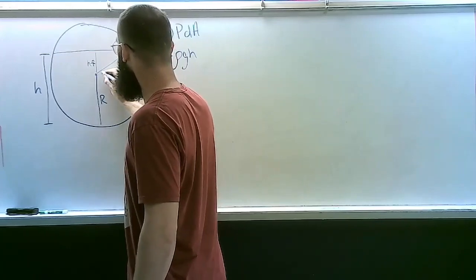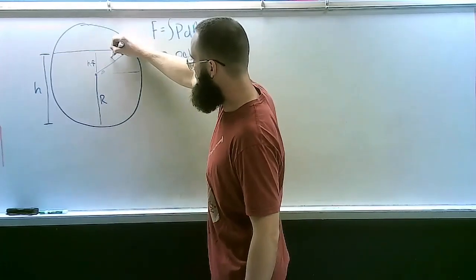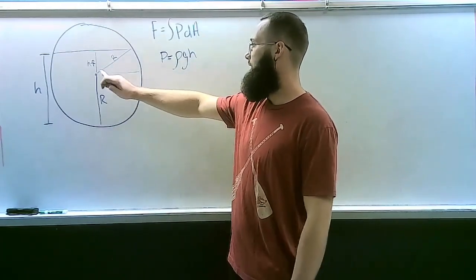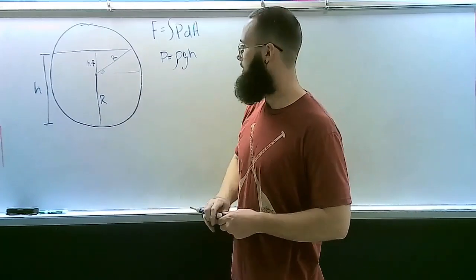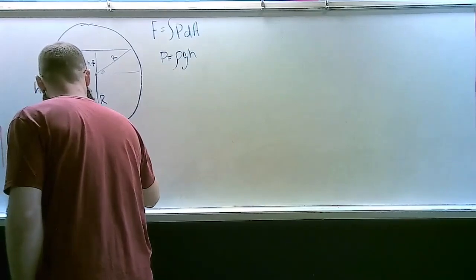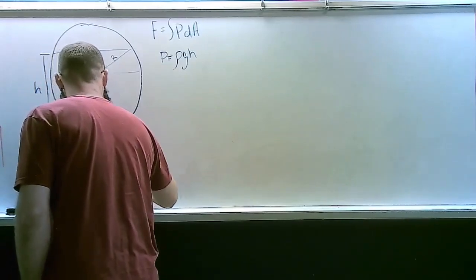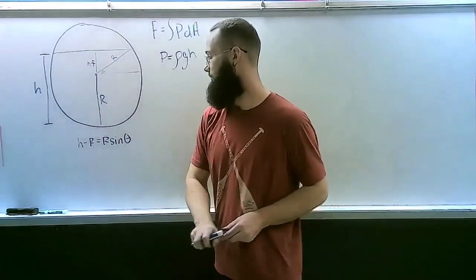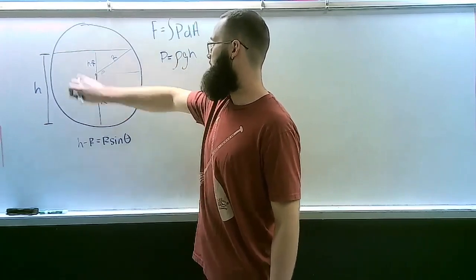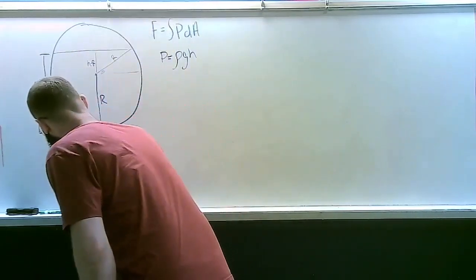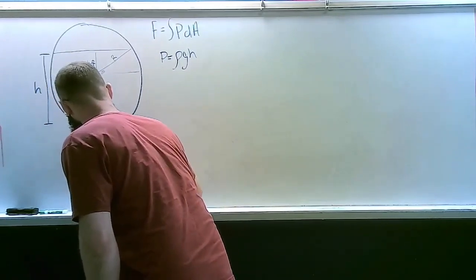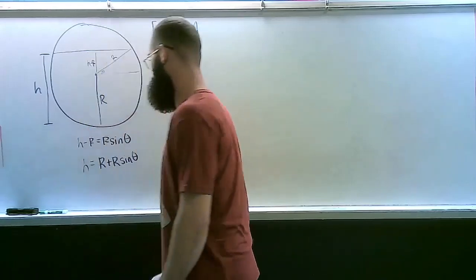And then we can make this angle here some theta with hypotenuse r, and we know that sine of theta is equal to h minus r over r, which is very helpful because it tells us that h minus r is equal to r sine theta. And because we know that h is equal to r plus h minus r, that gives us this function for h, which equals r plus r sine theta.